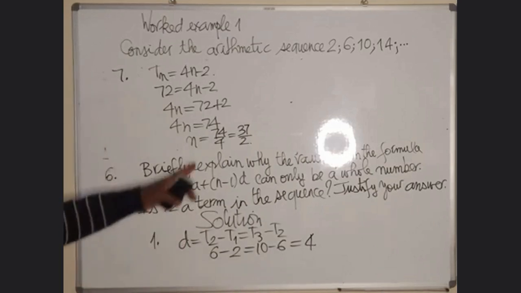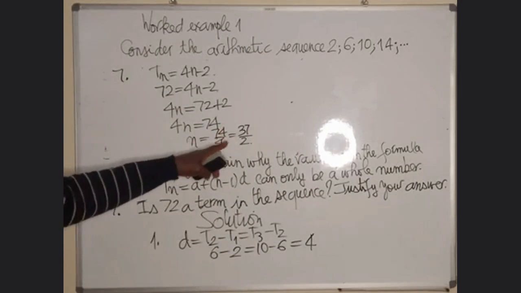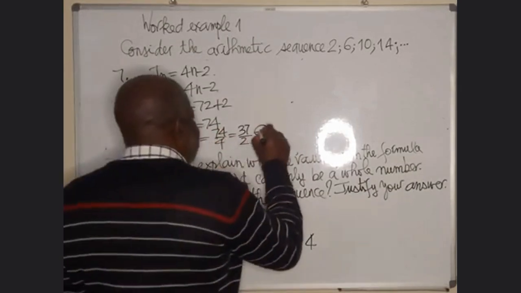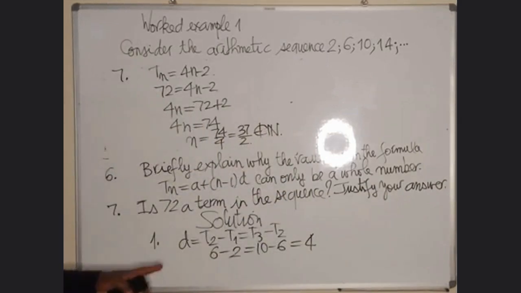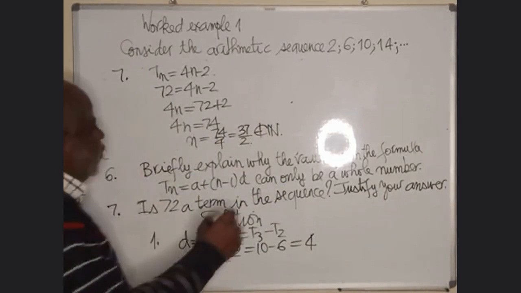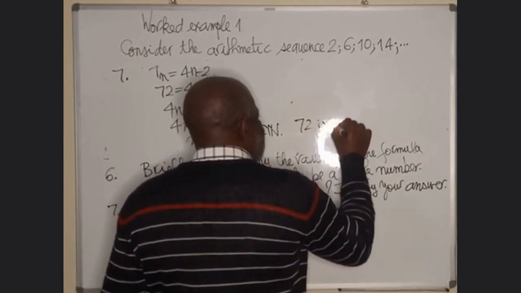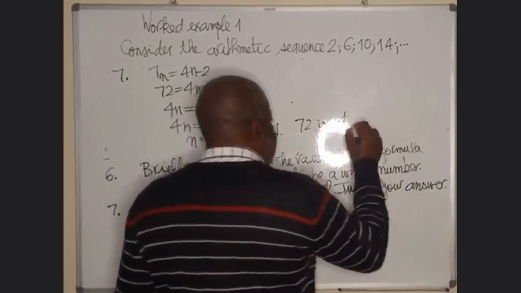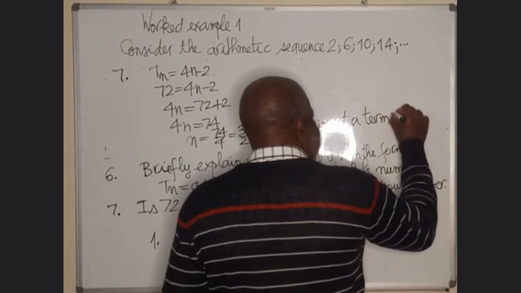So we can see that 37 over 2 is not a whole number, it is a fraction. So this is not a natural number. We will conclude that 72 is not a term in the sequence.